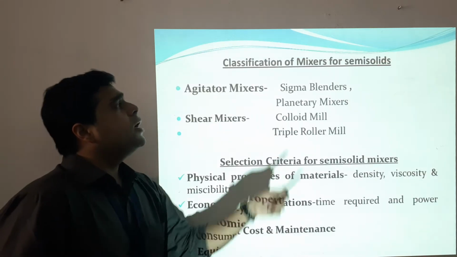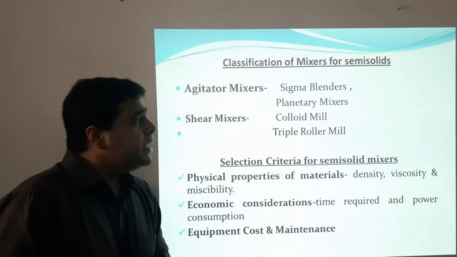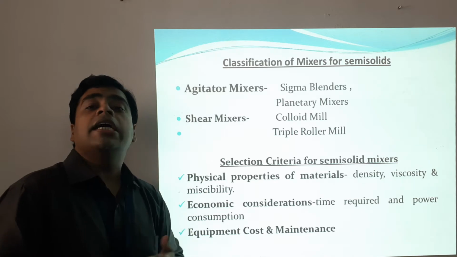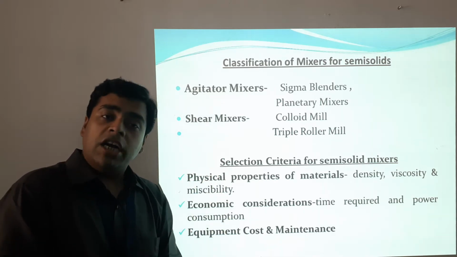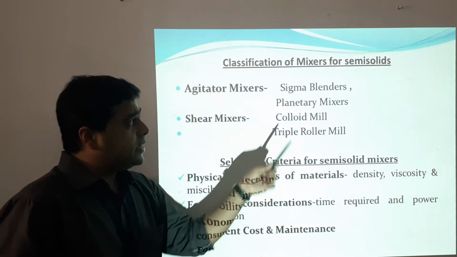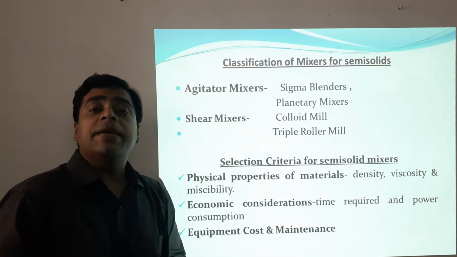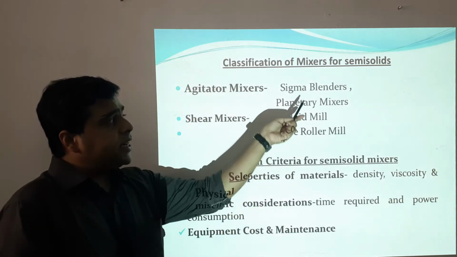So let us come to the classification of mixers for semi-solids. Most of the blenders we have already studied are also routinely used for solid mixing. For example, we have agitator mixers, such as sigma blenders or planetary mixers. We have already studied the sigma blender in solid dosage forms.